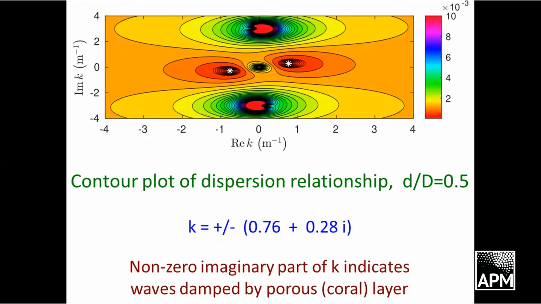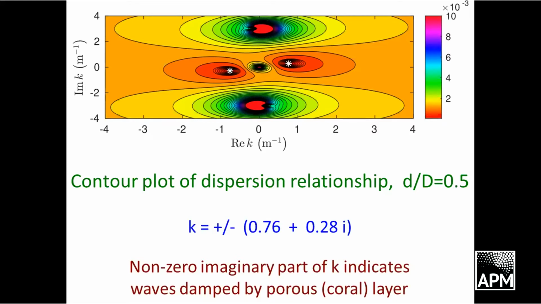That's at k is plus or minus 0.76 plus 0.028i. So there's definitely a horizontal wavelength, 0.76, that goes along with x, and some dissipation with x, which is the 0.028i. Because it's e to the ikx, it means it's e to the minus 0.028x. So the waves are damped.